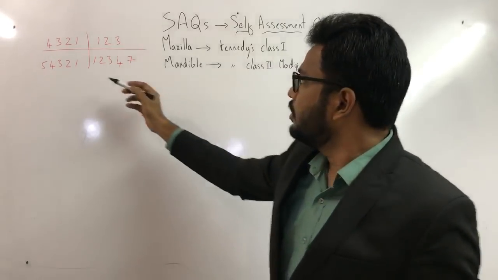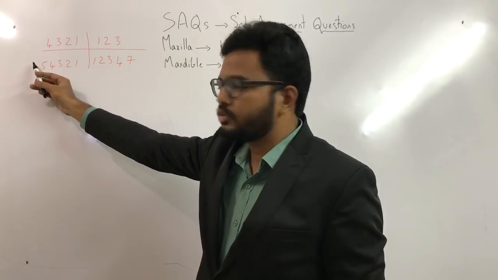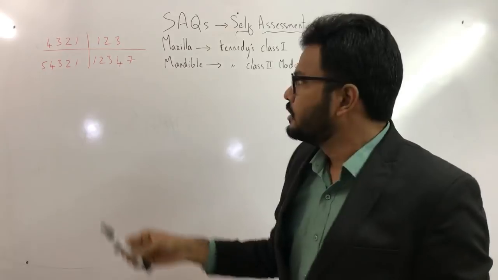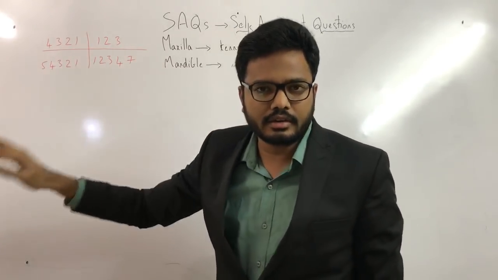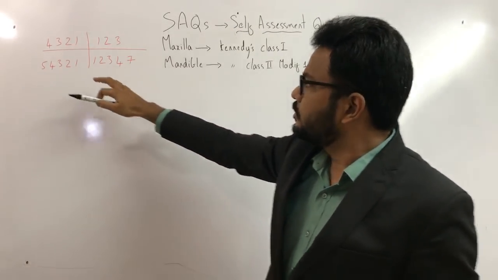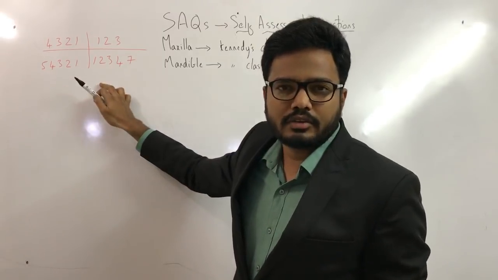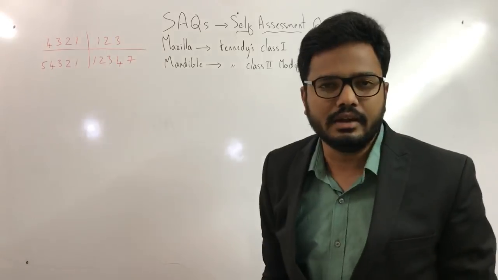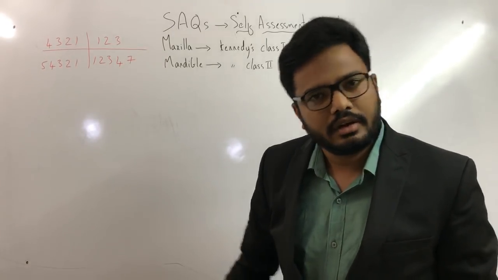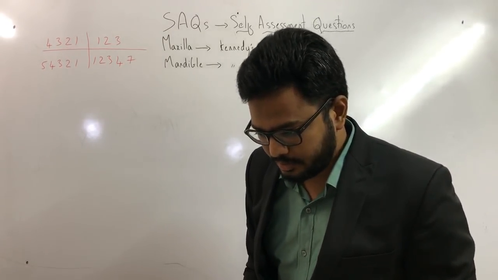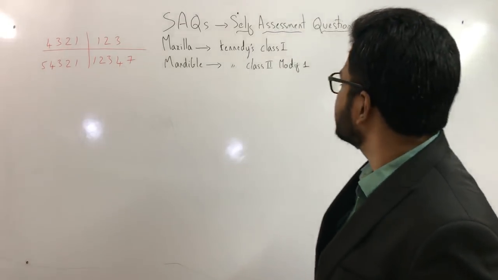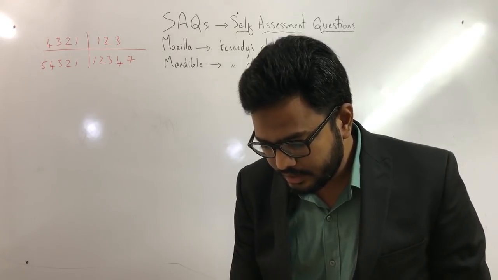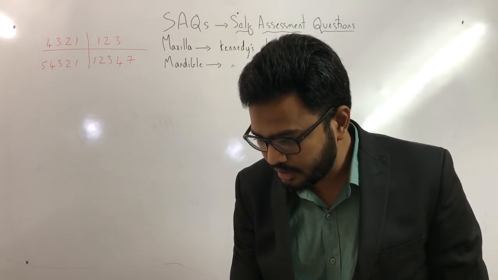In the third and fourth quadrants, 6 and 7 are missing, and in the third quadrant, 5 and 6 are missing. The posterior-most edentulous area determines the classification, so we say class 2 modification 1. In the upper arch, you have posterior teeth missing on either side, so it's a bilateral edentulous area on the posterior aspect. In maxilla it is Kennedy's class 1, and in mandible, Kennedy's class 2 modification 1.